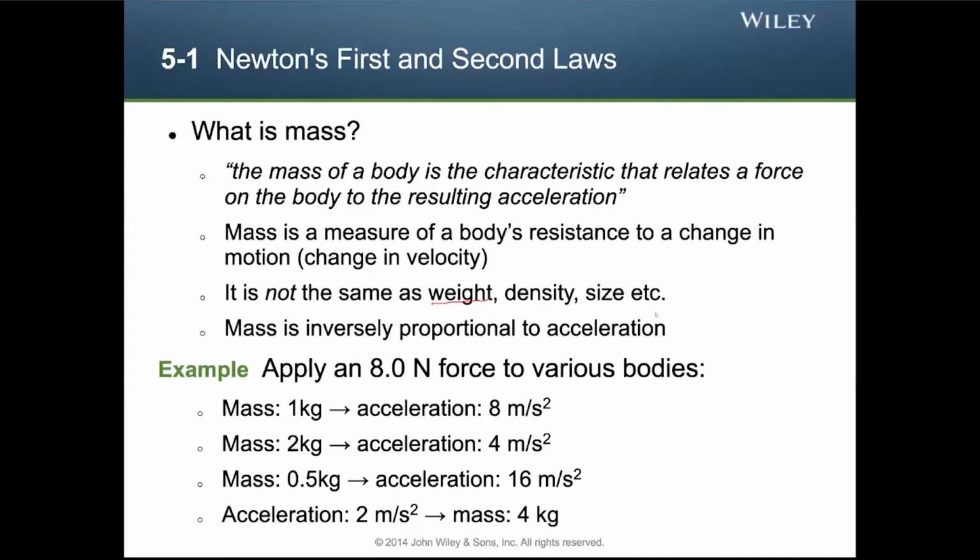Because if it says, so and so has a weight of blah, blah, blah, that means they have already multiplied this by mg. So your weight actually equals your mass times your gravity. So do not take weight as given mass.